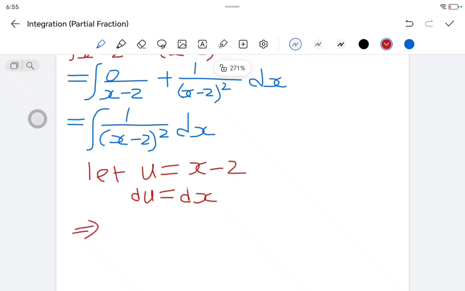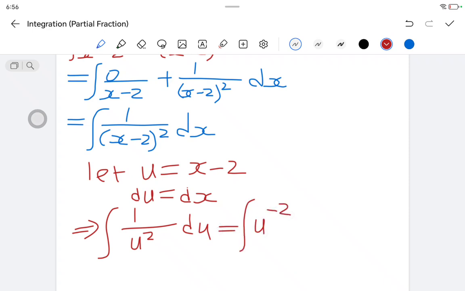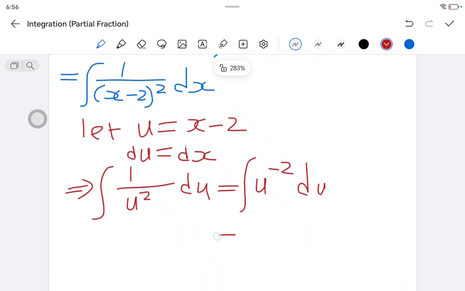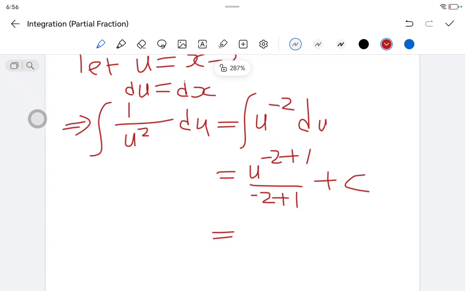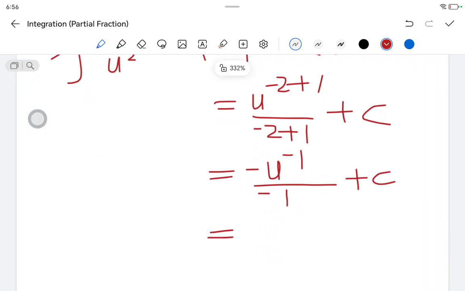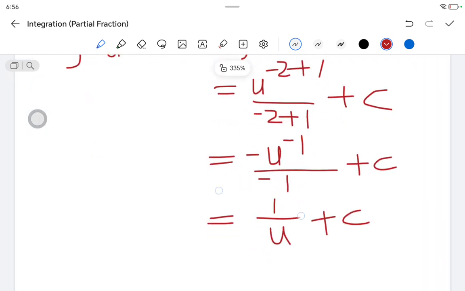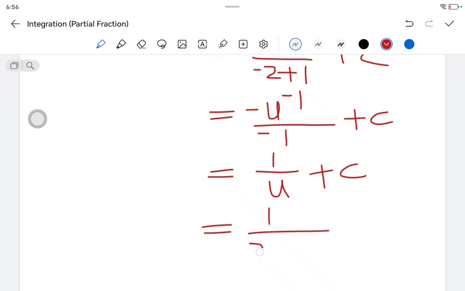Then this is the integral of 1 over u squared du, which is just the integral of u to the minus 2 du, which is equal to u to the minus 2 plus 1 over minus 2 plus 1 plus c, which is equal to minus u over 1 plus c. This is going to be minus 1 over u plus c. And what is our u? x minus 2.